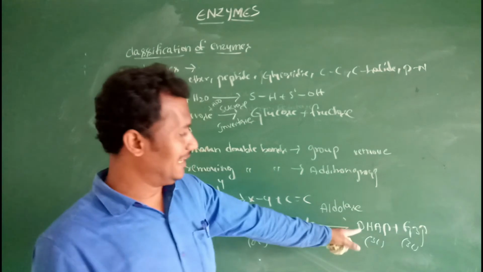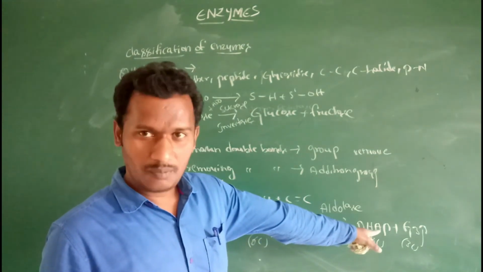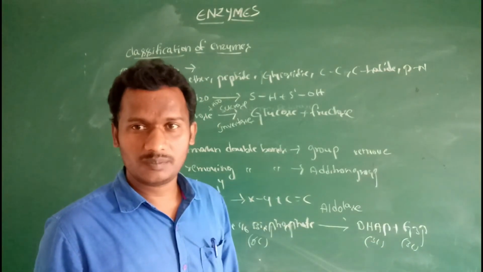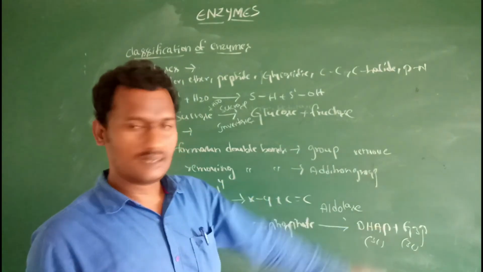DHAP is a ketose sugar and G3P, glyceraldehyde 3-phosphate, is an aldose sugar.